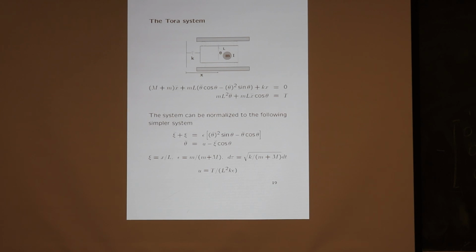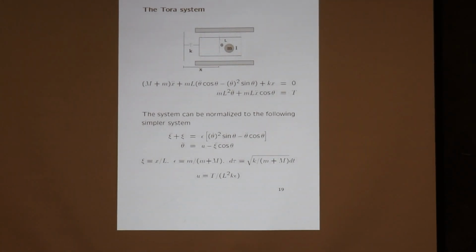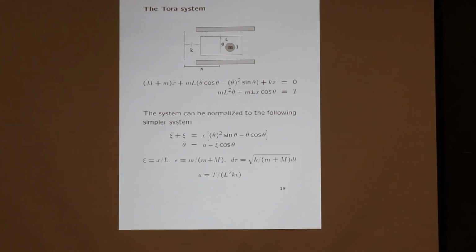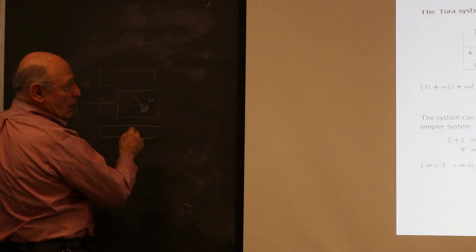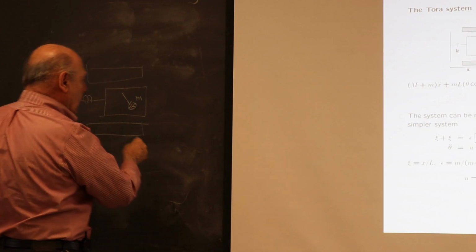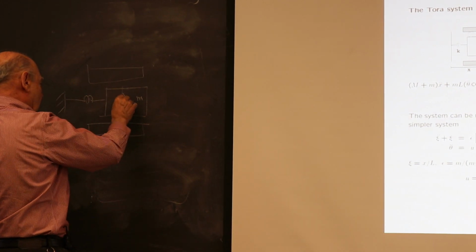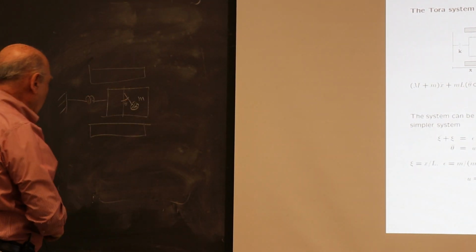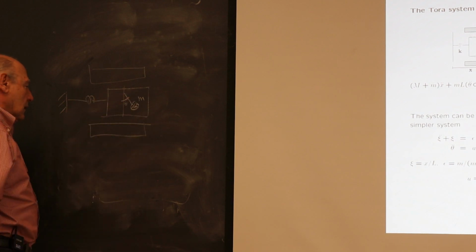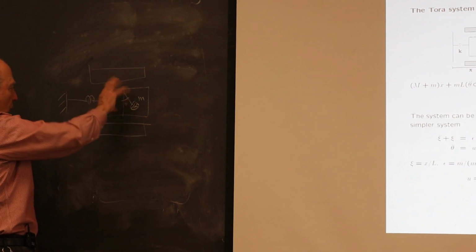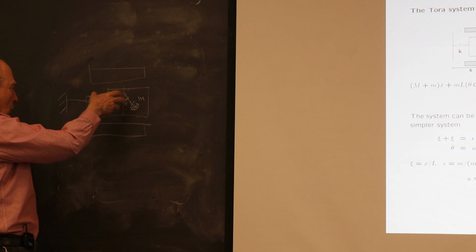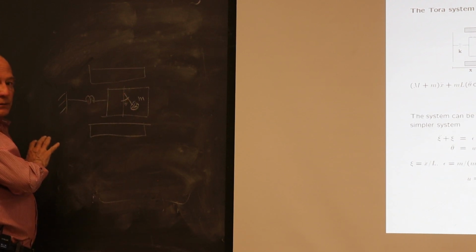You have this mass here, and you have a spring here connected to something, and you have a pendulum here, a certain pendulum with a mass m, and you have an angle there. The question is, if this thing is oscillating, what can you do with the pendulum to dampen the oscillations?